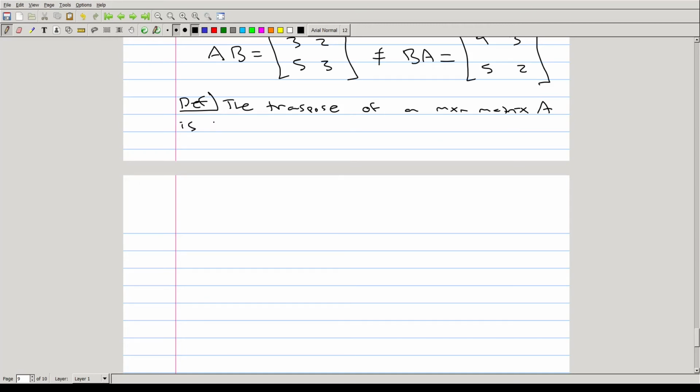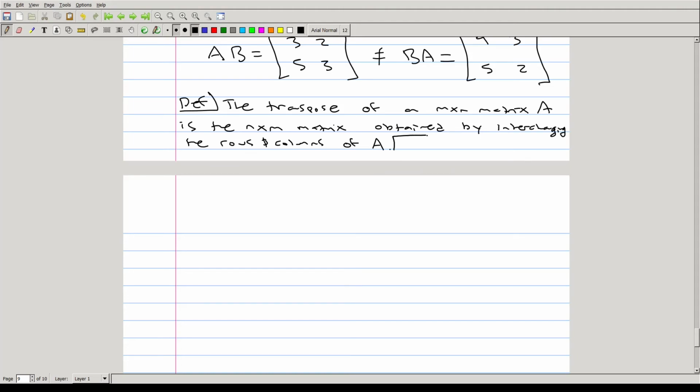The transpose of an m by n matrix A is the n by m matrix obtained by interchanging the rows and columns of A.